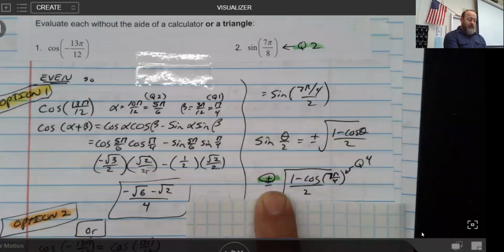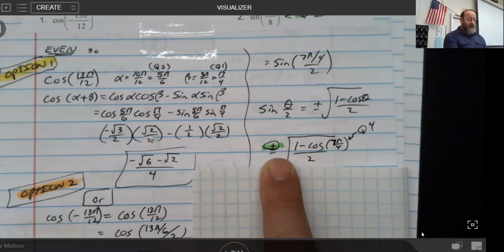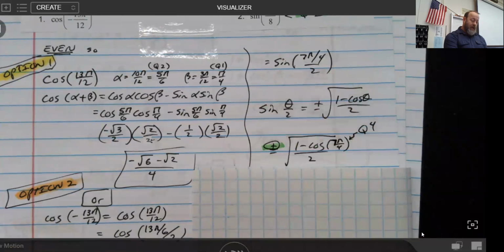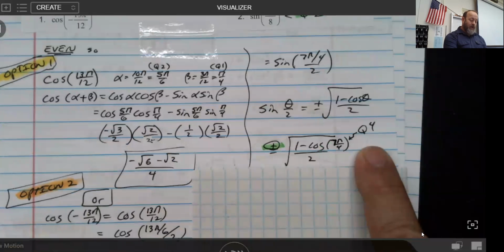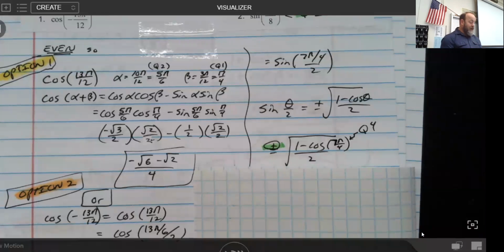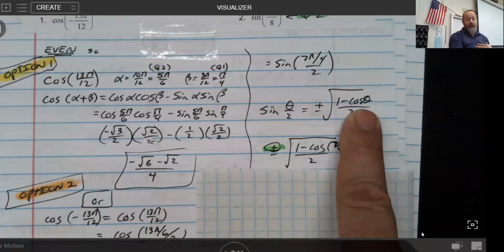But when I consider 7 pi over 8 as 7 pi over 4 cut in half, 7 pi over 4 itself is in the fourth quadrant, and I know that the cosine in the fourth quadrant is negative. Now you want to notice that even though it is a half angle sine, I'm using an identity that has a cosine in it, because that's the identity that we have.